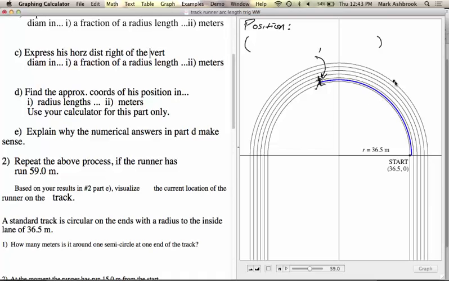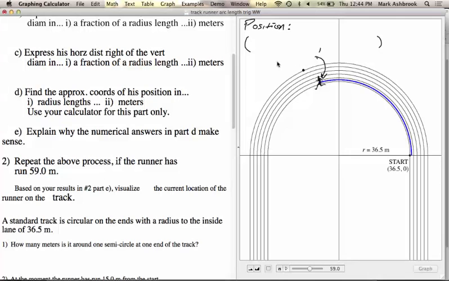Okay, so Araceli, you're up. How'd you do? What's the x coordinate of the runner in meters? So what's the x coordinate?